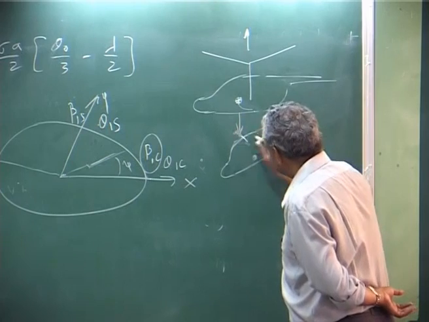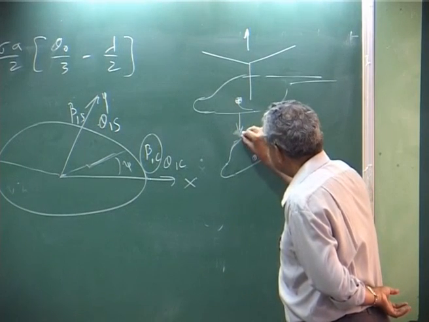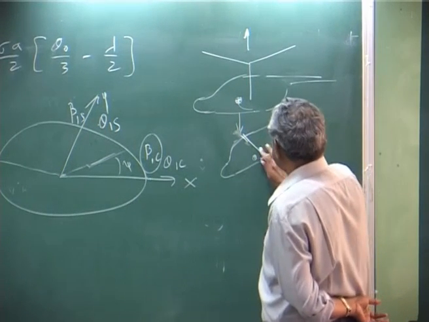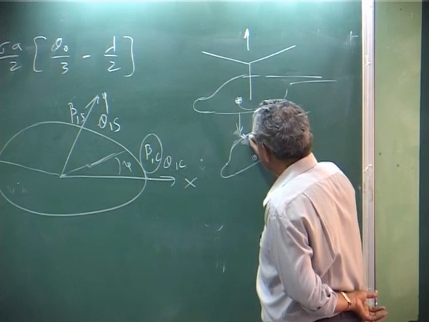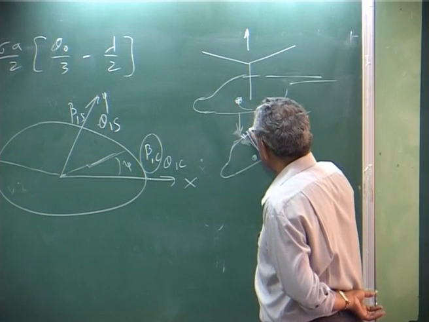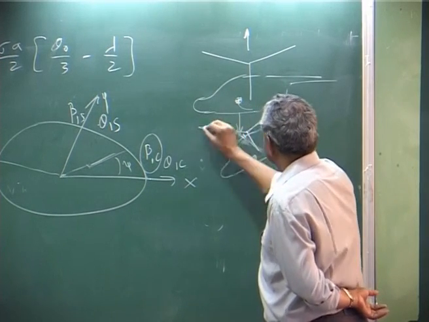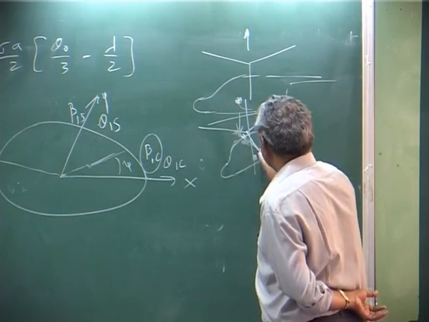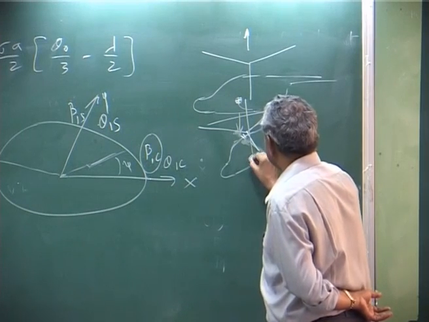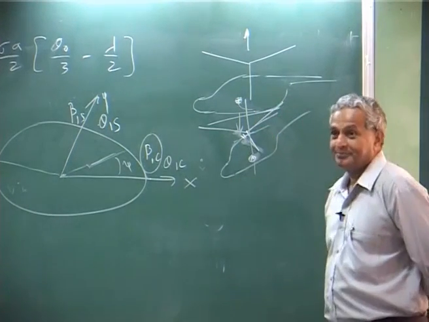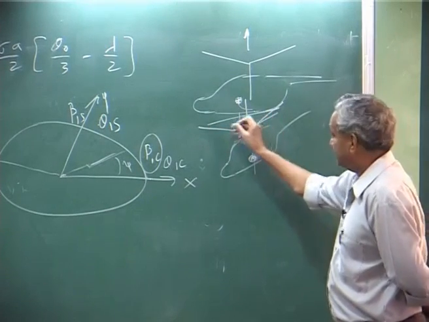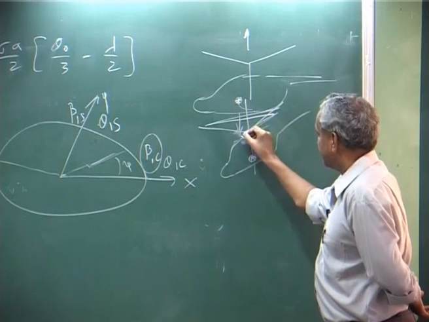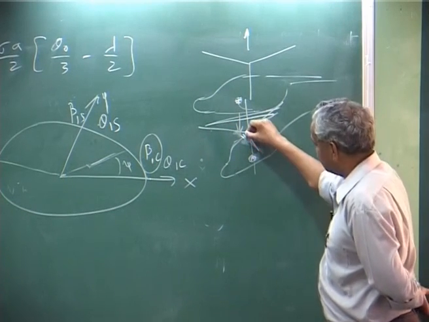The shaft is here. Okay. CG is here, tip path plane is horizontal, shaft is tilted here.